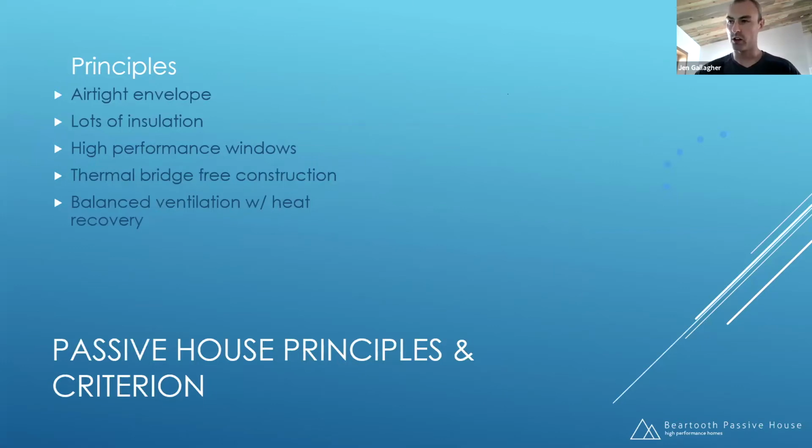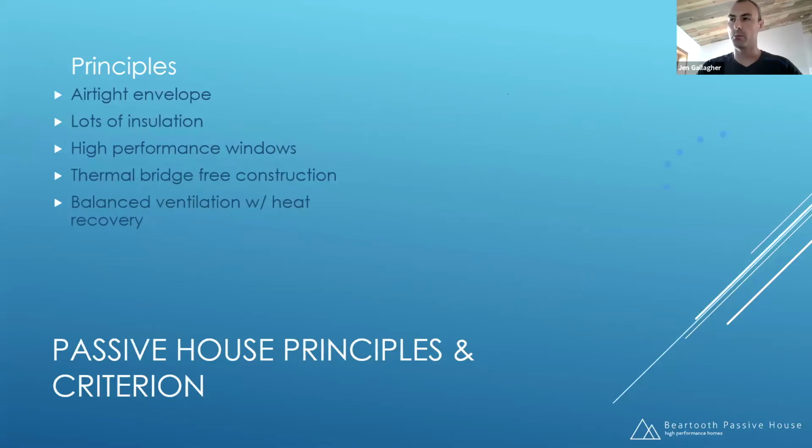Thermal bridge-free construction: you've got thermal bridges everywhere. A thermal bridge could be, let's say you need a steel beam in your house for some structural reason, and that steel beam is going to be exposed to the exterior. Well, steel's a lot more conductive than wood. You're going to have a lot of heat in your house going through that steel beam very quickly.